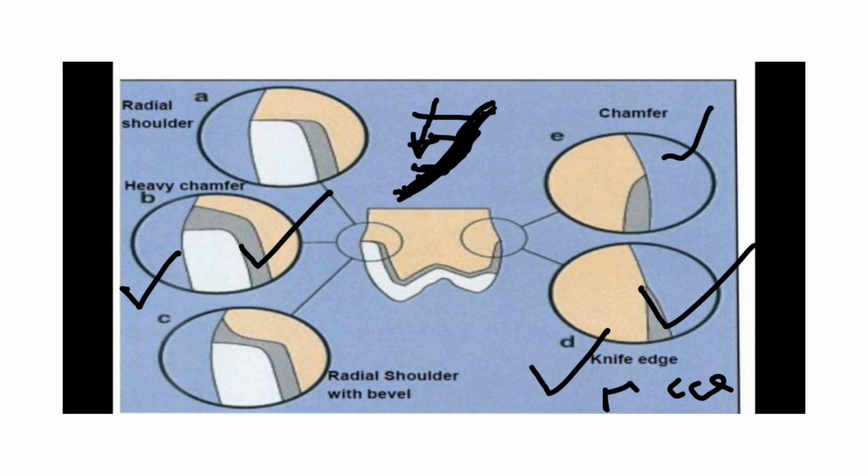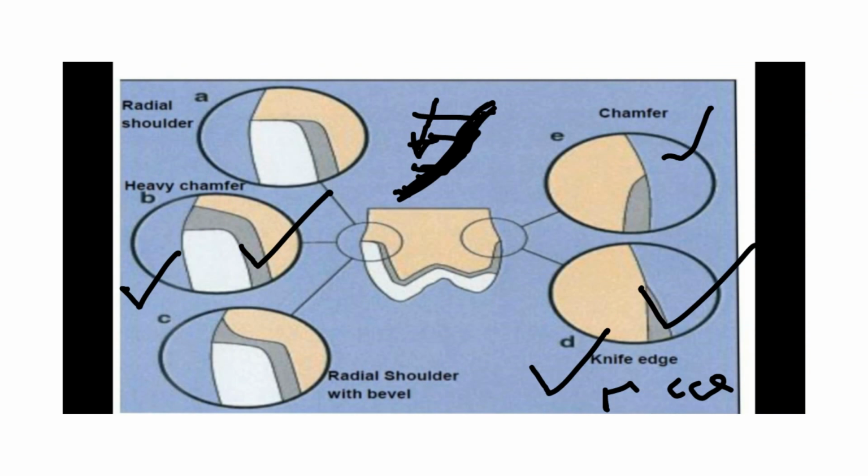When we place a metal crown, metal is very hard in thin section, so it can resist the masticatory forces. So we can place a metal crown on a chamfer margin.